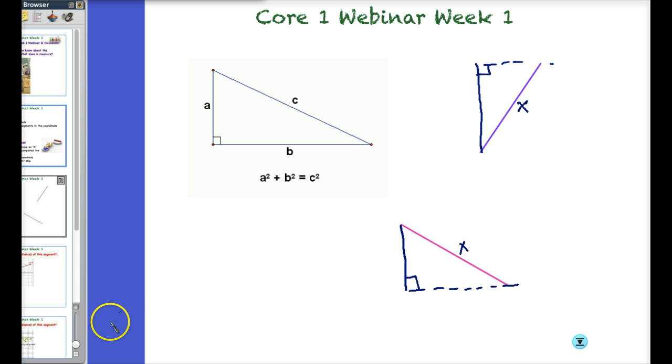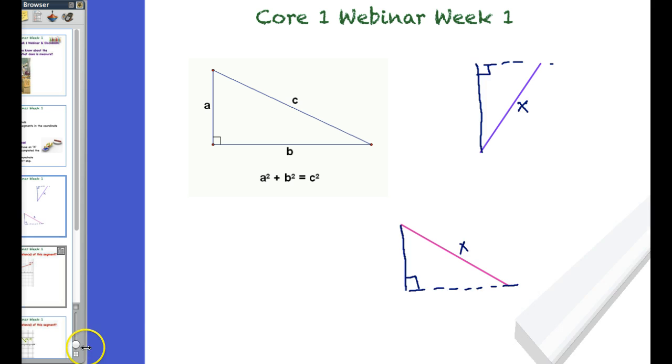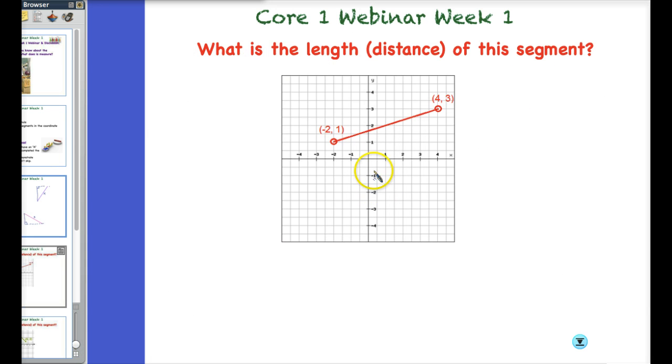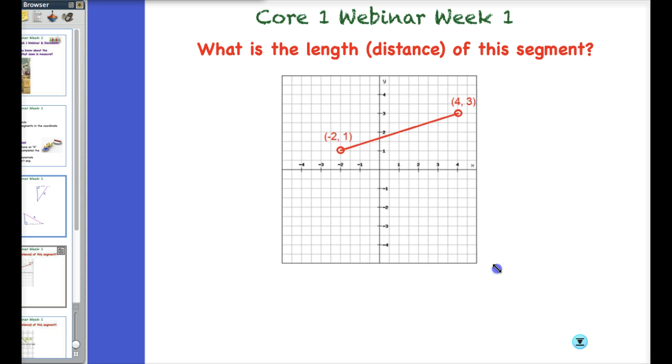So now, you guys, in your note pods, what I want you to do is, any way you can, tell me what the length or the distance of this segment is. So you guys type it in your note pod. How long is that segment? If you need to make it bigger, you can click on the full screen.